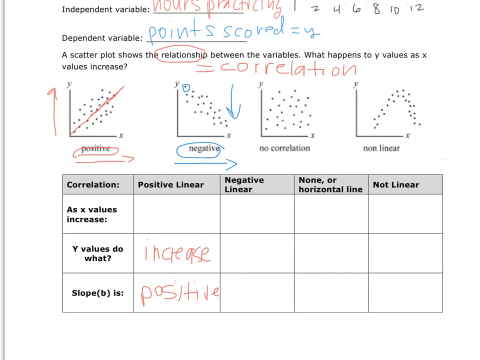But then this point represents a fairly large value of x, but a fairly small value of y, relative to those other points that are plotted. So as x values increase and y values decrease, we call that negative linear correlation. And if we were to draw a line through those points, it would be slanting down and the slope is negative.